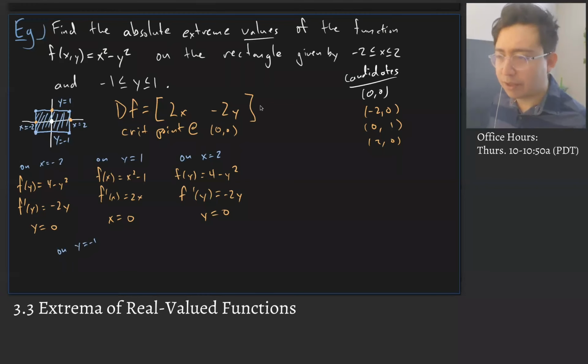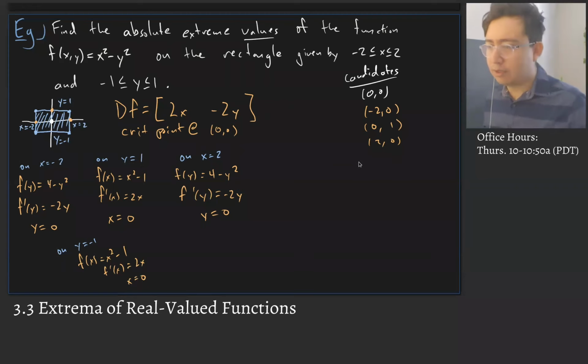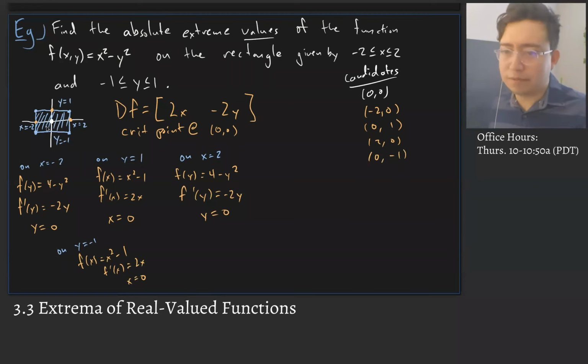And we do the calculus, so we get f of x again equals x squared minus 1. f prime of x equals 2x, so then x equals 0. So we get 0, comma -1, and so of course that's this point here.